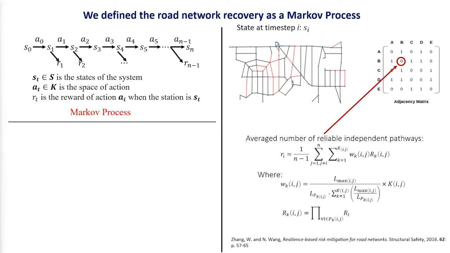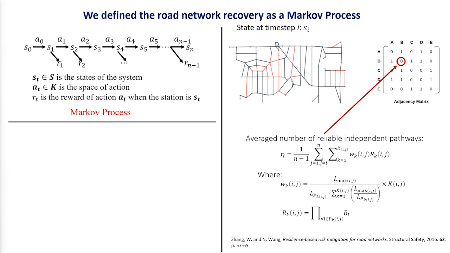This adjacency matrix is often used to describe the road network with the integers 0 or 1 in between the nodes. Also, this A, B, C, D, E represents the junctions in the network. If two junctions are connected, we use the integer 1 to represent the link.